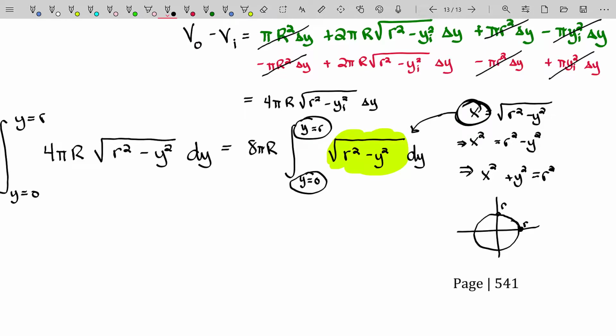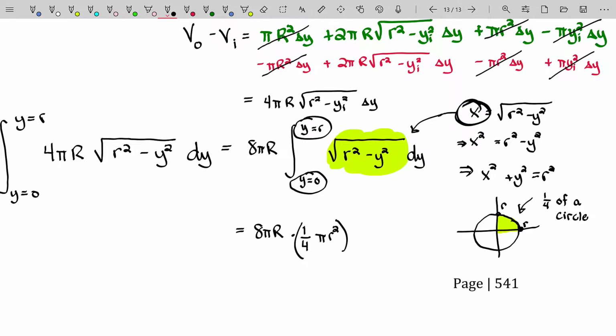Let me just showcase what that is. It's right there. Wouldn't you agree that all the y values where I've highlighted are non-negative, and all the x values are also non-negative? And what is that area? Well, it's the area of 1/4 of a circle. And that circle has radius little r.